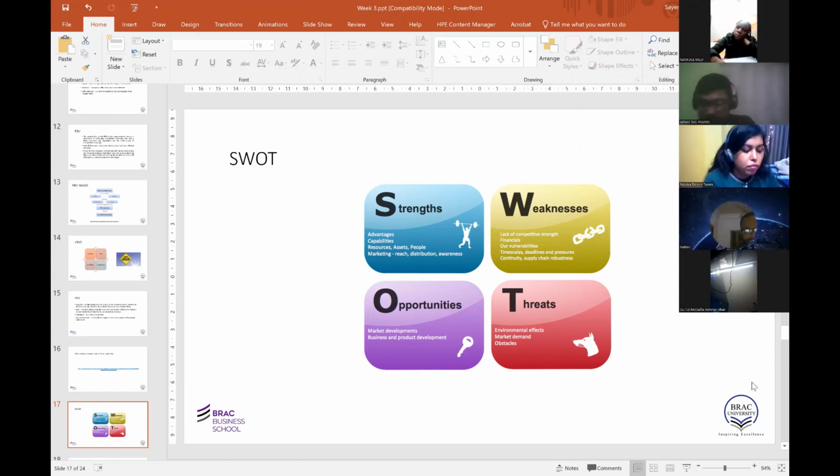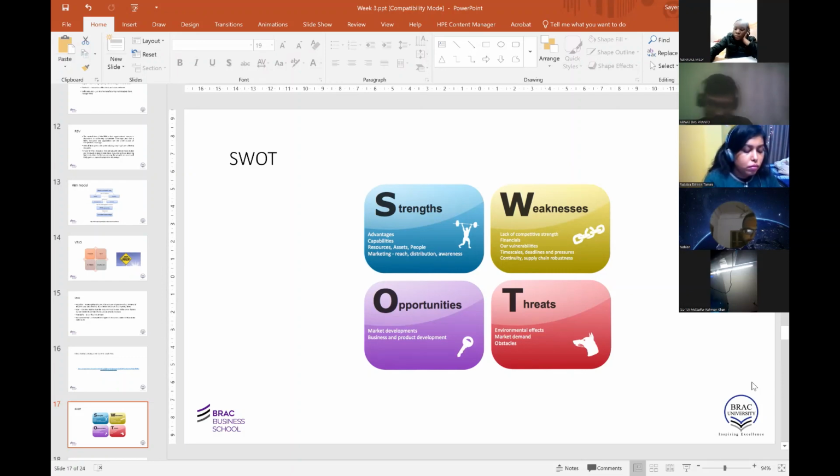SWOT is a popular framework that's mostly used for internal analysis, internal capability analysis. So what are your strengths, your advantages, your capabilities, resources, assets, and people? What are your weaknesses? What's the missing link inside your organization?